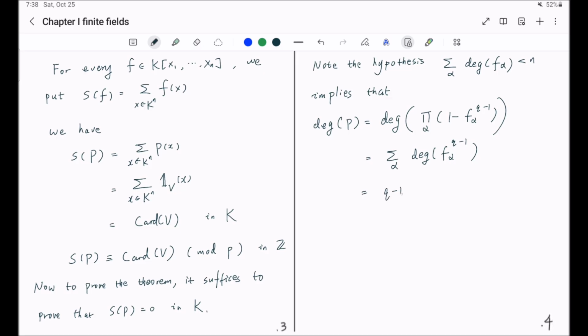And this is equal to q minus 1 times the sum of degrees of f alphas. By hypothesis, this sum is less than n. So this is less than n times q minus 1.